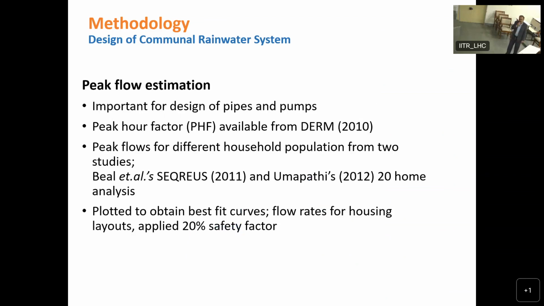Then you need to estimate how to calculate the size of the collection system for 50 homes, 10 homes, 30 homes, because your estimate of the pipe diameter and the tank size has to be based on how much flow you are expecting, and that is the peak flow.